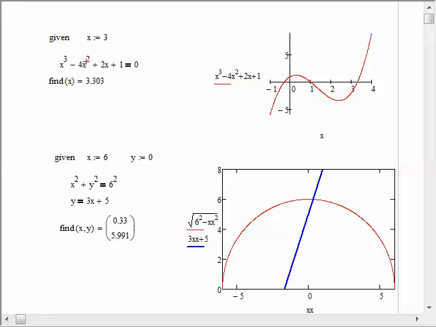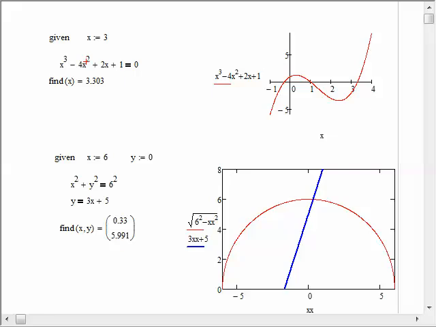This is one equation, one unknown. To expand it to 2 equations, 2 unknowns, I change the equation to the equation of a circle of radius 6. And then an equation of a straight line, y equal 3x plus 5. And then this is now 2 equations, which means I have to solve for both x and y, 2 unknowns, and I've got to give them each a guess.